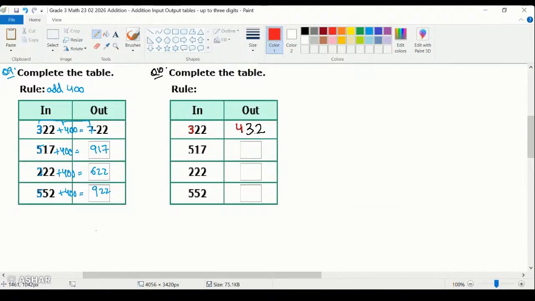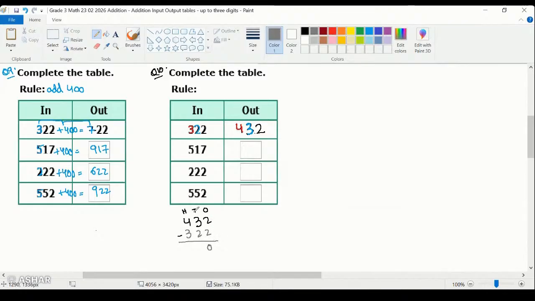Perfect. But we can also see that it was 2, it became 3. The tens position was 2, right? So once we subtract 432, this is hundreds, this was tens, and this is ones, minus 322. No difference in the units, ones, right?